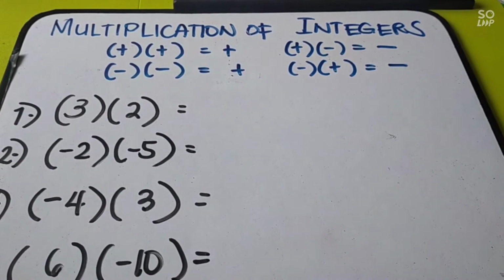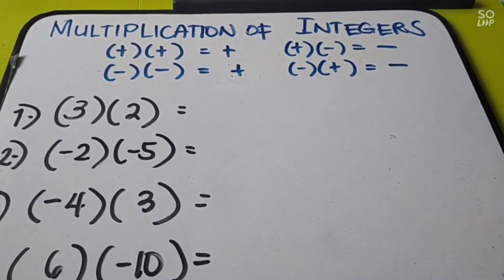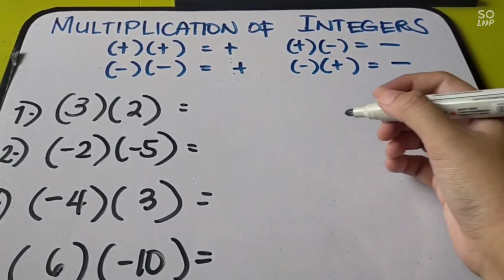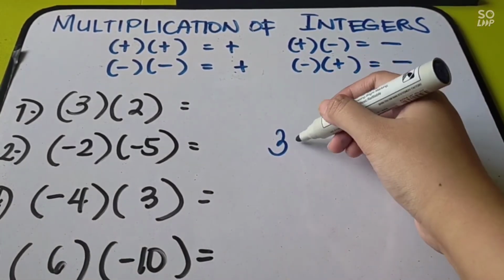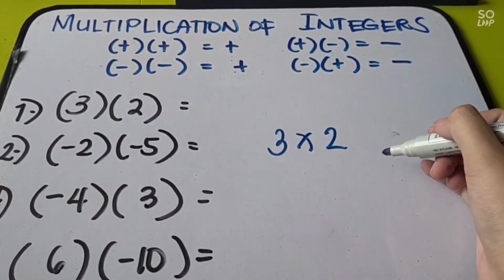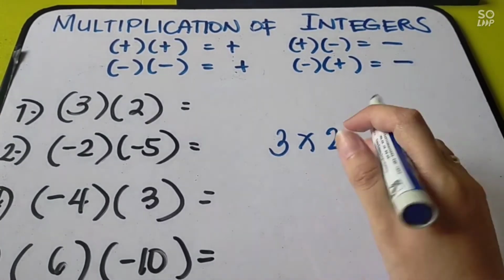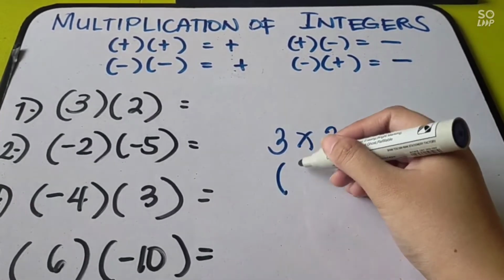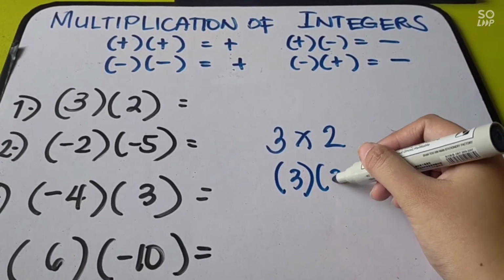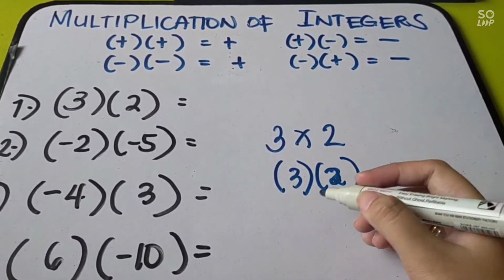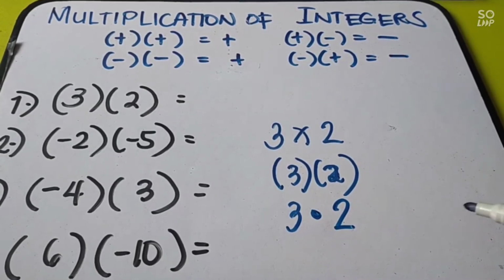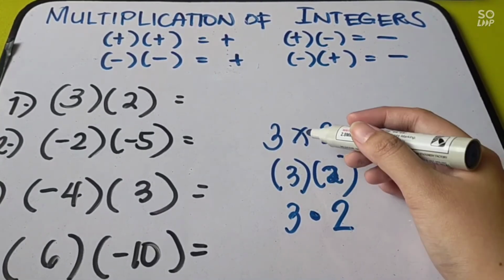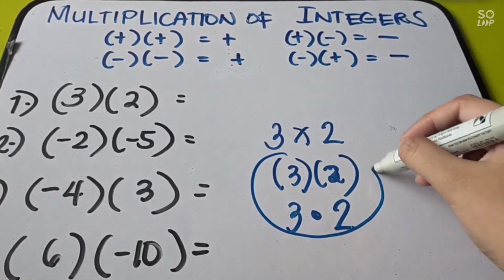Okay? So, ngayon kasi, ang madalas na ginagamit kapag po tayo ay magmumultiply, dati kasi ang mga bata, lalo sa elementary, ganito masanay. 3 times 2. Okay? Ngayon po ang gagamitin natin ay open and close parenthesis. 3 times 2. O kaya naman, a dot. 3 multiply by 2. Ito yung mga karaniwan na gagamitin natin.